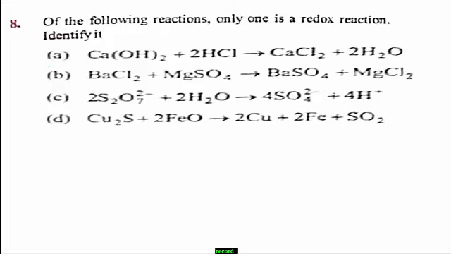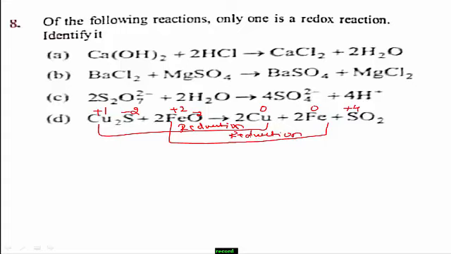Then in Cu and Fe, here it is 0 because of the elemental form, and in SO2 the sulfur oxidation state is +4. Here the copper oxidation state changes from +1 to 0, which means reduction takes place. And in FeO the oxidation state of Fe changes from +2 to 0. Therefore here also reduction takes place.